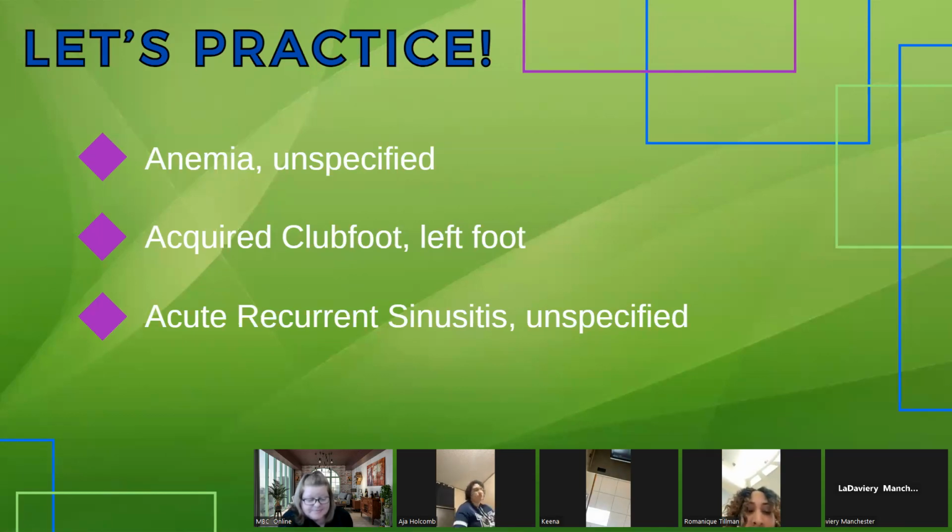I think the M21.542. Correct. M21.542, acquired club foot, left foot. Because that's exactly what we're dealing with here, right? So it always wants you to be as specific as possible, especially when we're talking about hands, feet, digits.